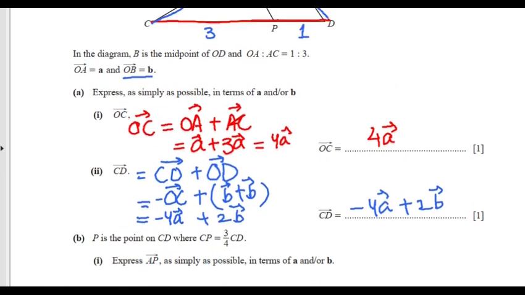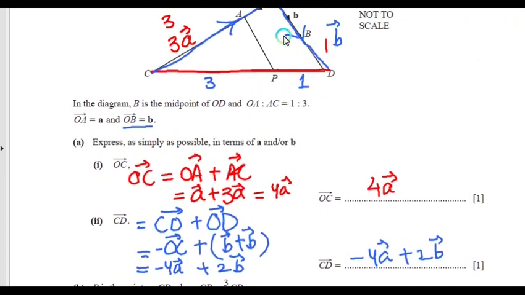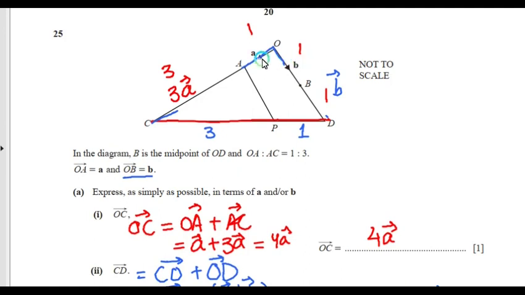And OB is B. They have a 1:1 ratio, it means this BD vector will be B as well. So OD is equal to B plus B, right? Now inserting the values, negative OC means negative 4A, plus 2B. So my answer is minus 4A plus 2B, right?